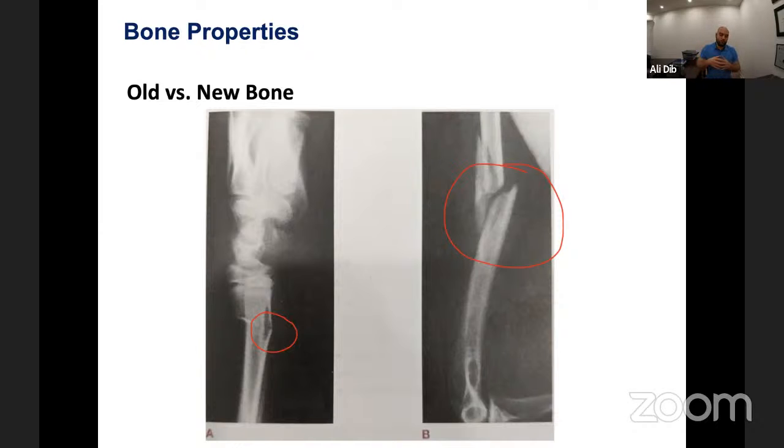Whereas the older bone will require surgical pins to keep it in place. It still will have quite a bit of collagen, but it'll need that fixation to allow the slower healing process to occur.